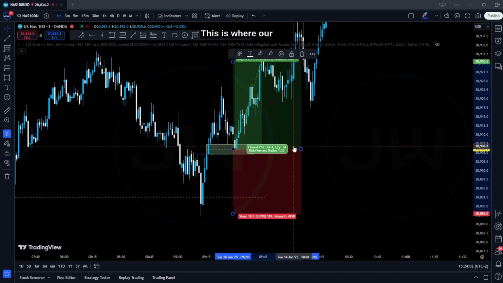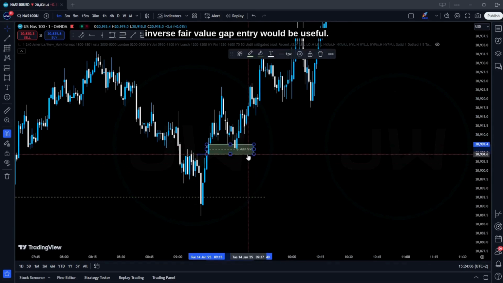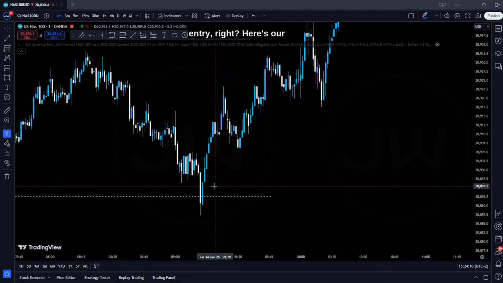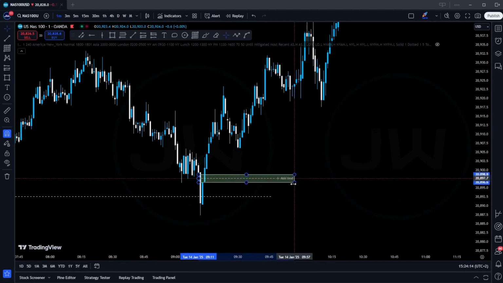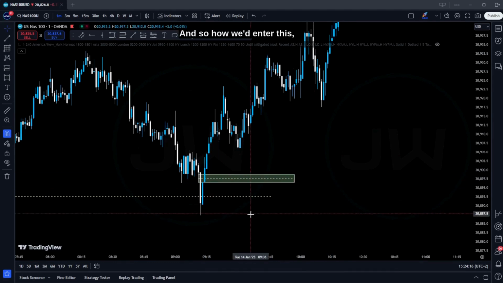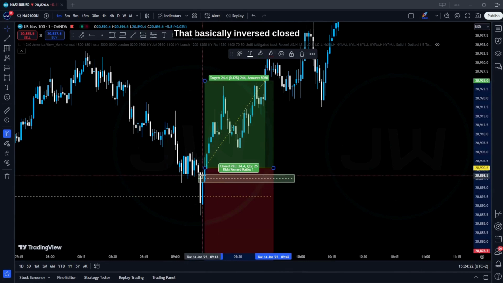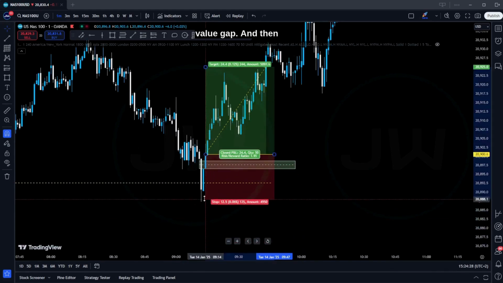This is where our inverse fair value gap entry would be useful, because why? We get a nice earlier entry, right? Here's our inverse fair value gap. And so how we'd enter this, we'd enter on the candle that closed, that basically inversed and closed above this inverse fair value gap.